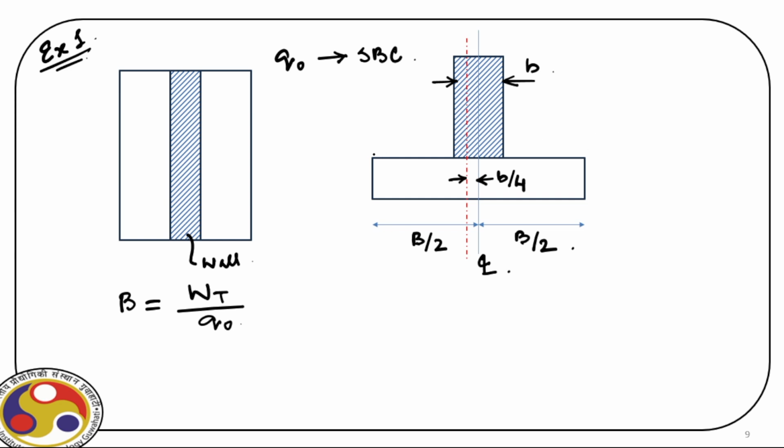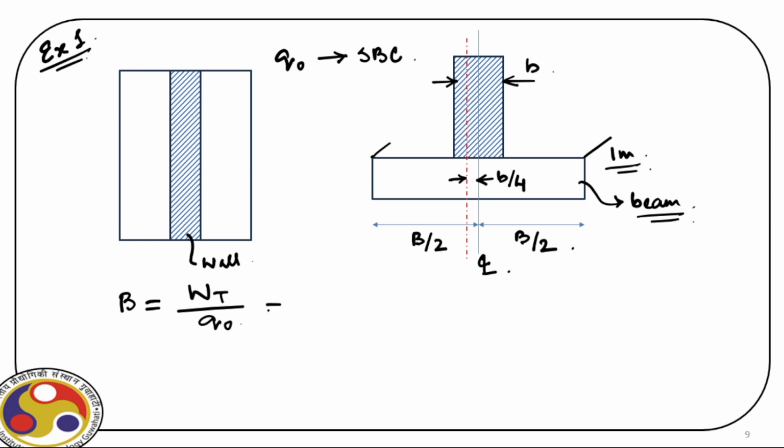Now just note, on this side we consider 1 meter, right? So all these estimations are per meter run, because if you recall, we will design this as a beam with 1 meter width, and that's the reason the total load per meter run is divided by this Q naught.